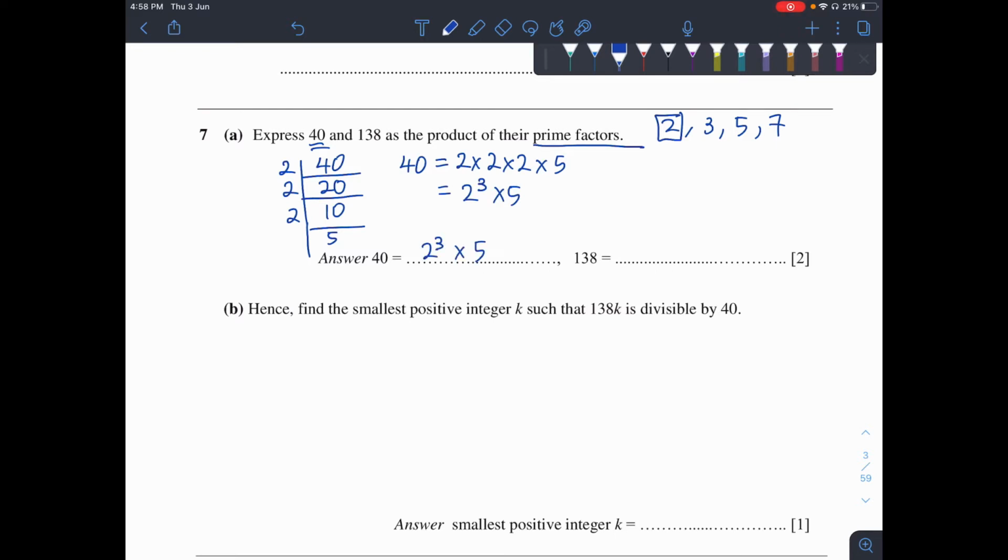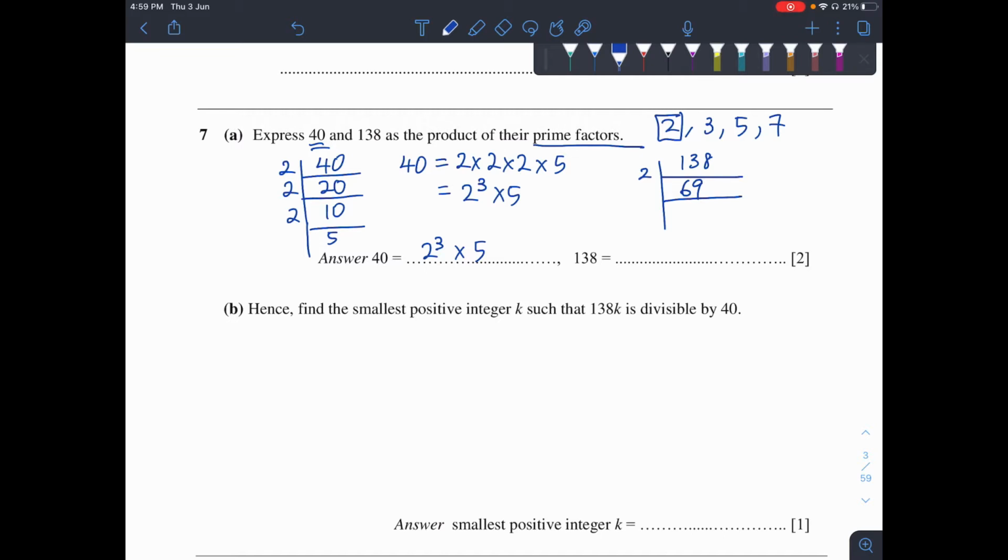And for 138, we can do the same thing. Okay, so you take 138 divided by 2, which would give you 69. And after that, you realize that 69 cannot be divided by 2. So you move on to the next number, which is 3.